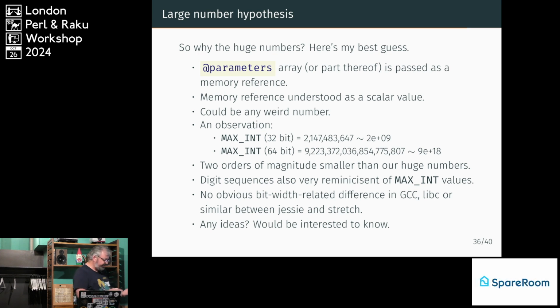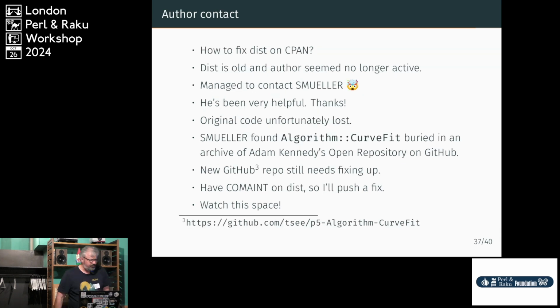I looked at GCC. I looked at the differences between Jesse, the change logs between Jesse and Stretch. There were some switches in GCC which had changed. I really couldn't find what had changed here. So if anyone's got any ideas, I'd really be interested to know what's happened. Note that Jesse is a 64-bit system, so I'd sort of expected that we'd be using 64-bit numbers.